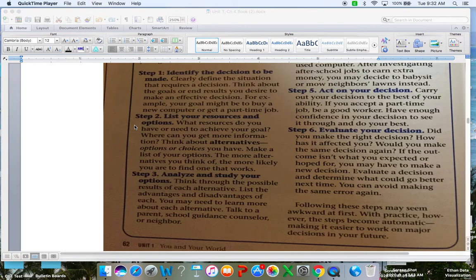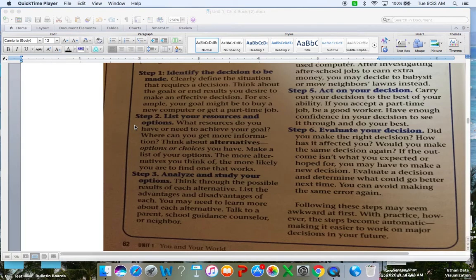Step 3 is to analyze and study your options. So write that down, analyze and study your options. And the key word, I hope you already figured that out, which is analyze. Think through the possible results of each alternative. List the advantages and disadvantages of each.